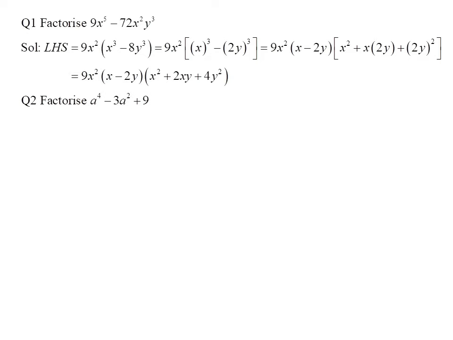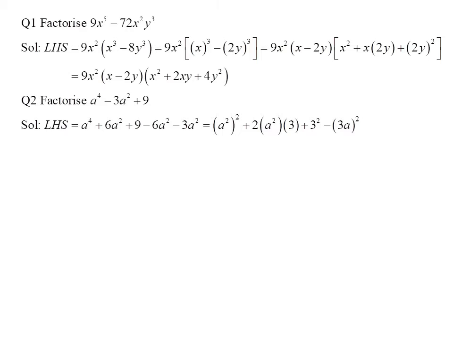Question 2 is factorize the expression of a to the power of 4 minus 3a squared plus 9. For such a question, it needs to add and subtract a term of 6a squared.